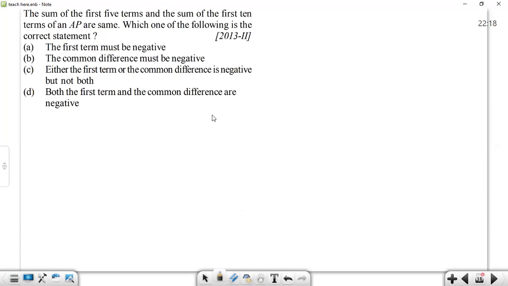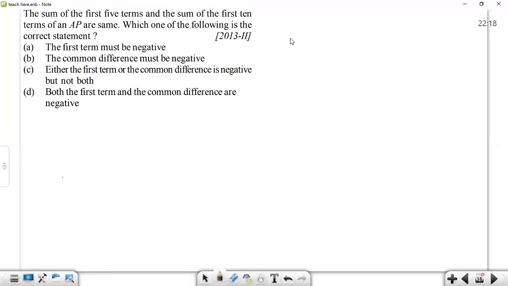Okay, let's move to the question now. The sum of the first five terms and the sum of the first 10 terms of an AP are the same. Which one of the following is the correct statement?